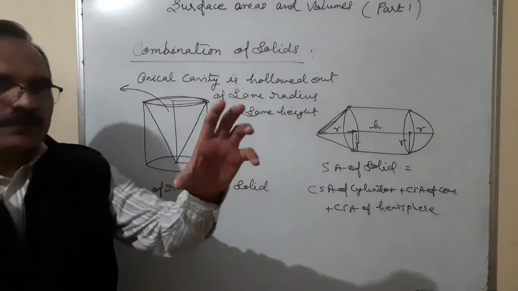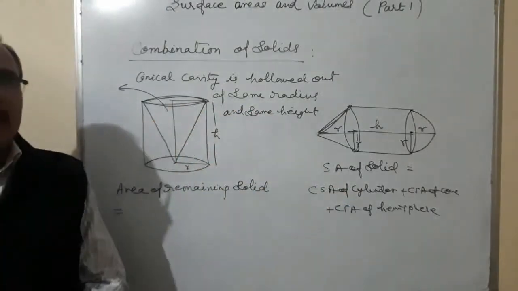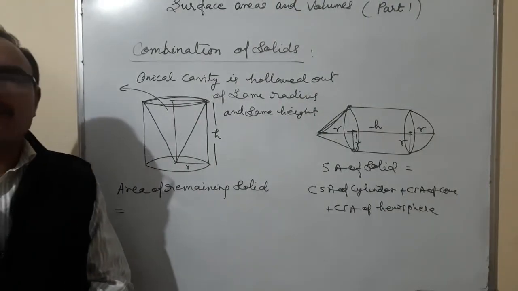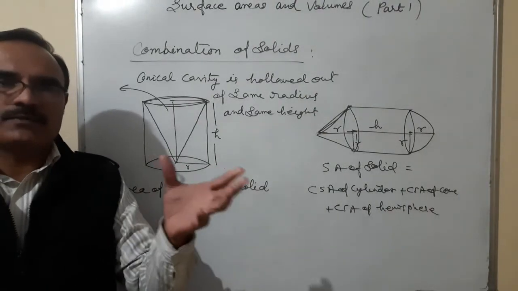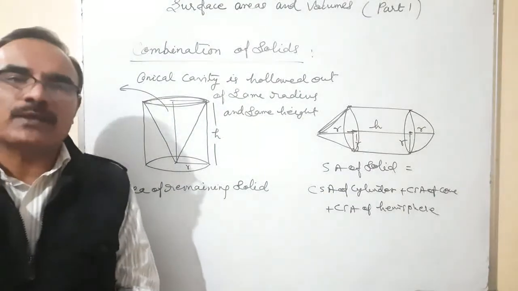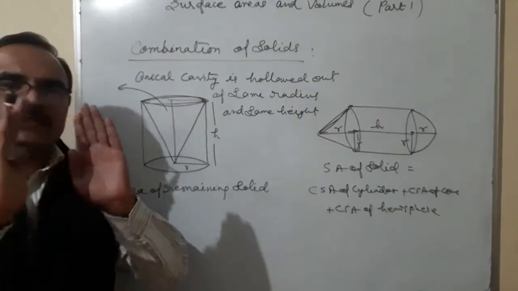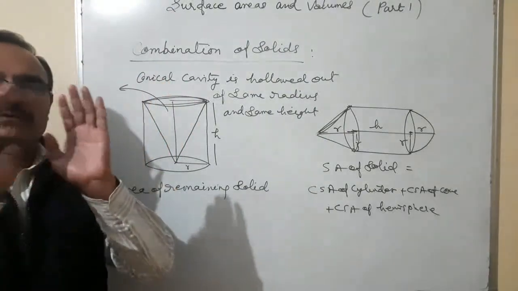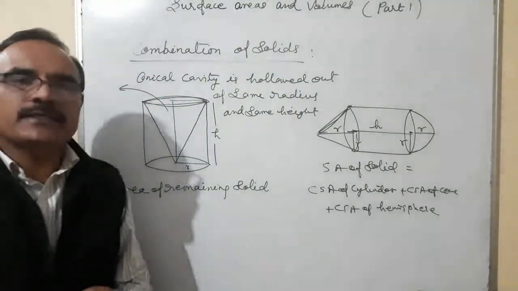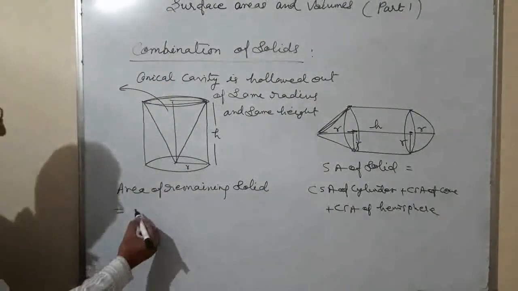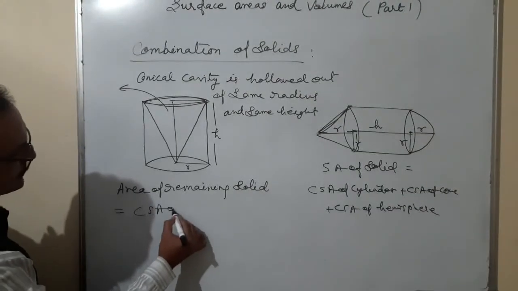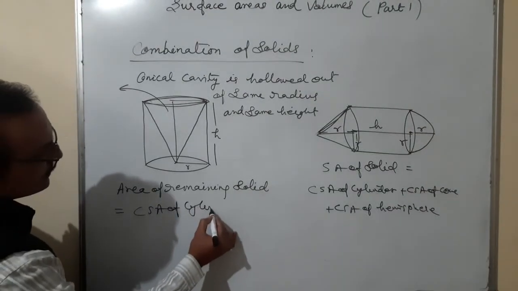This left portion is in my hand, and I am asking how much area you can paint from this portion. The area you are going to paint: one is this outer, which is the CSA of the cylinder. Number one.